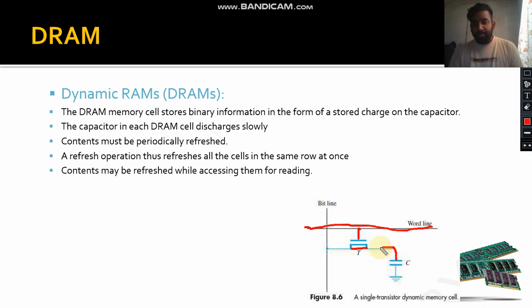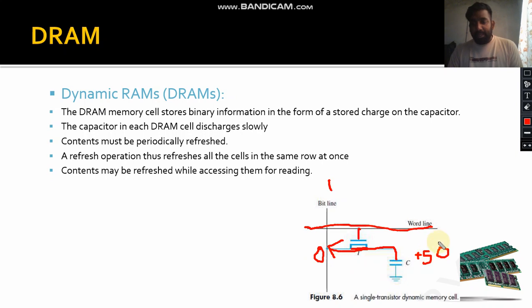The voltage in the capacitor is transferred to the bit line. If we have a positive voltage, say +5 volts, in the capacitor, then the data bit is read as 1. If the voltage of the capacitor is 0, then the bit line reads it as 0.